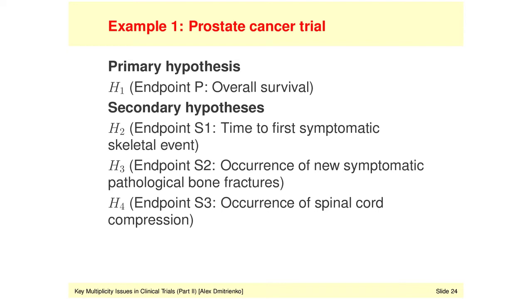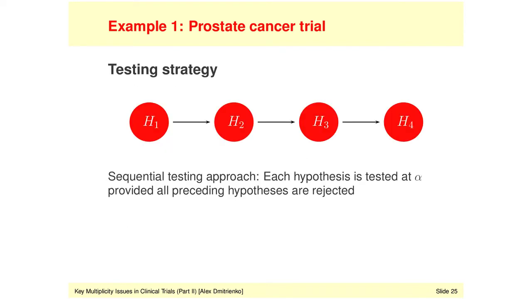For each one of those endpoints, we can define the hypothesis of no effect, and they're denoted by H1 through H4. If we assume now that there are 4 families in this clinical trial, and each family includes a single hypothesis, then this results in a very straightforward serial gatekeeping strategy. This strategy is visualized on the slide, and in this case, to be able to proceed to the next family in the sequence, it is sufficient to simply reject a single hypothesis within each individual family.